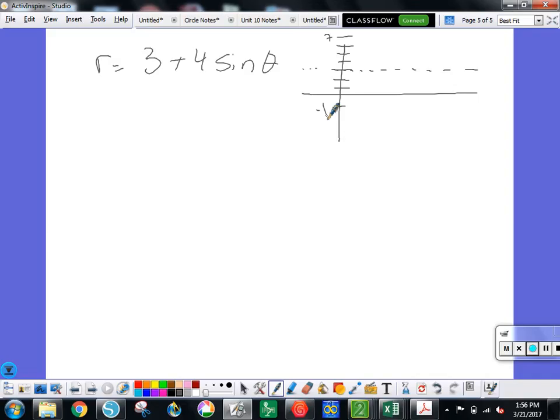Okay. So, once again, looking at theta, is there anything playing around with theta? Nope, it's not. So therefore, I still have pi halves, pi, 3 pi halves, and 2 pi. Is this a sine graph or a cosine graph?